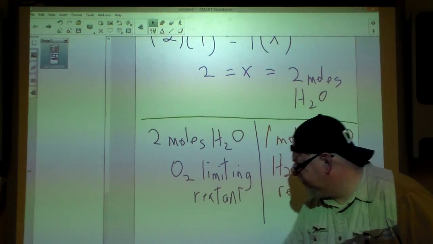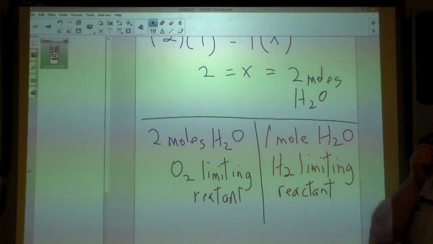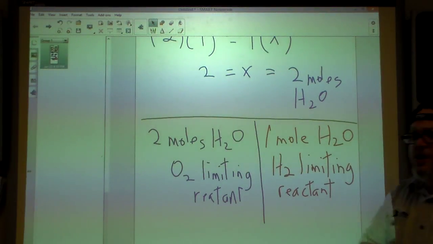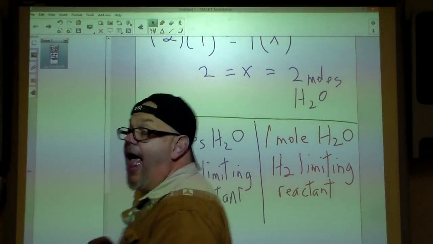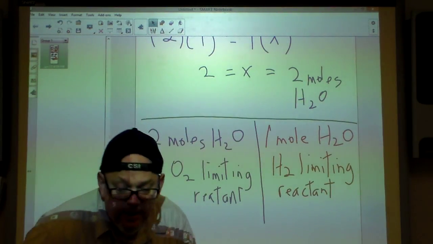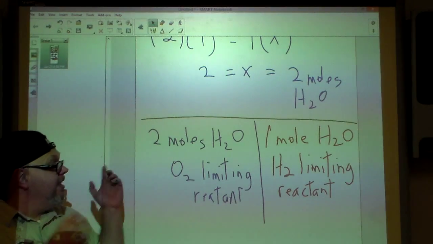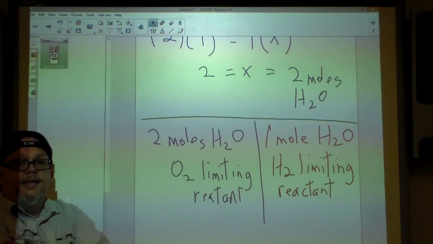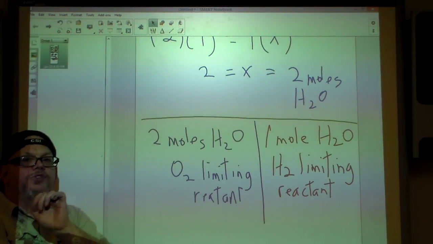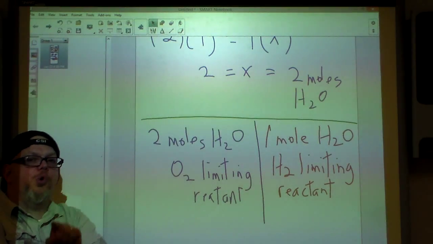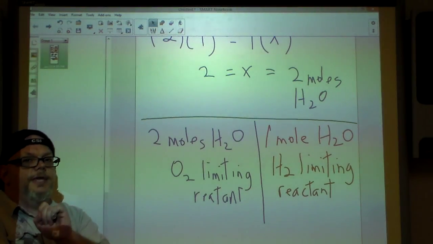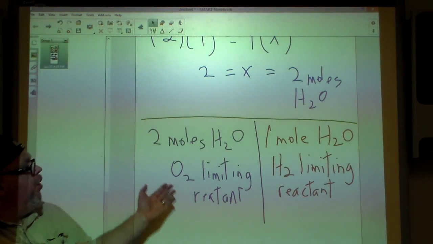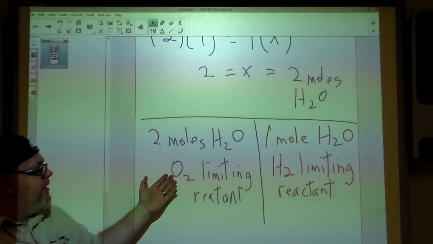So this is what we have. Now the question comes down to, how do we know which one's the limiting reactant? The key thing is which one do you run out of first? The one that you run out of first means you're making less product. That's the key.